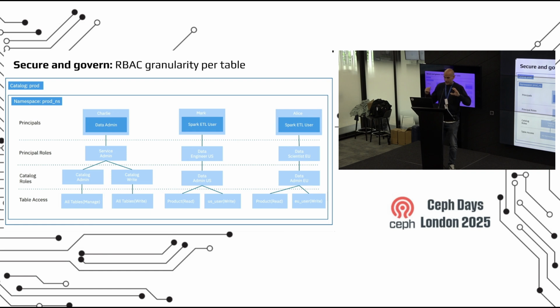Charlie is the admin, so he's able to manage the tables, he can insert data, he can list tables, he can do admin stuff. And then we have Alice, who is able to read the product table, and she's also able to write in the European and the EU table. So we're going to test this in the demo, and we can see how that goes.